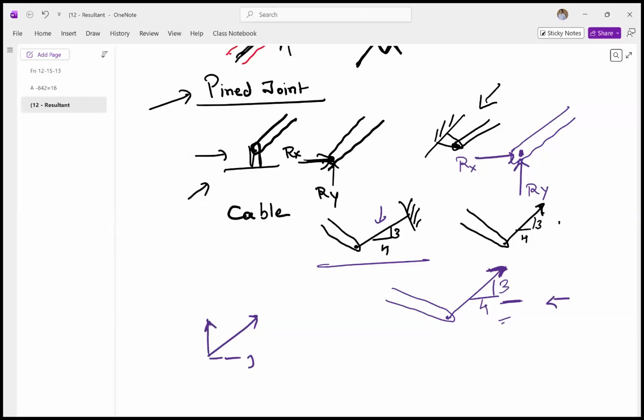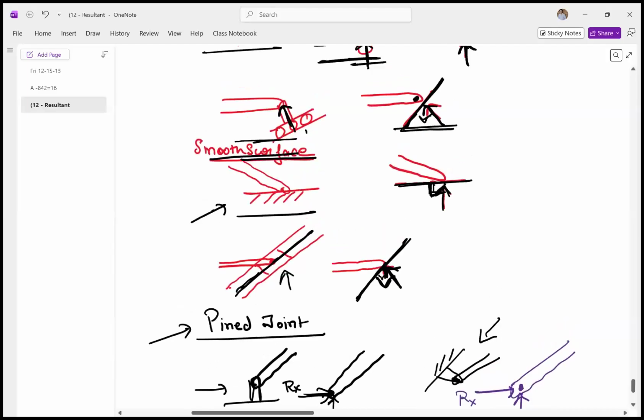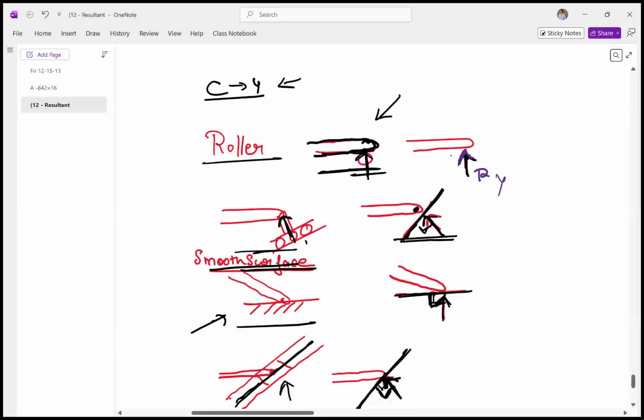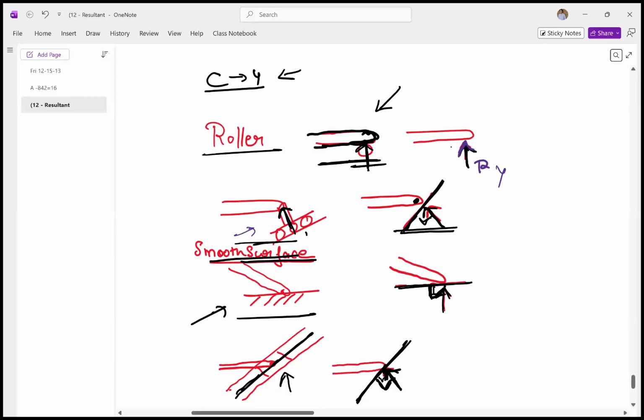That's how we represent it. Remember this: whenever it is a roller joint or a smooth surface, it is always one force, and in this case, it is straight up from the roller joint, Ry here. And this was an inclined roller, so you will draw the surface in the direction of where the roller is inclined, whatever angle at which the roller is inclined.